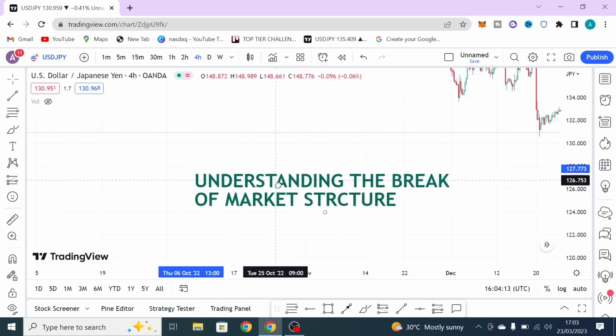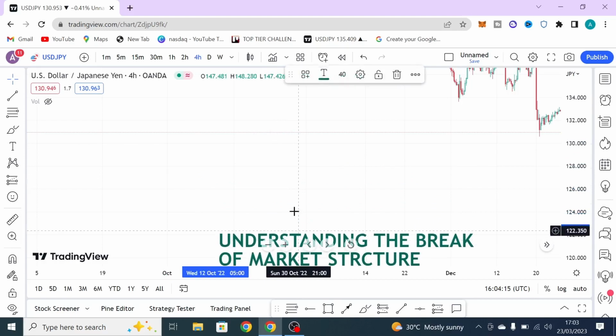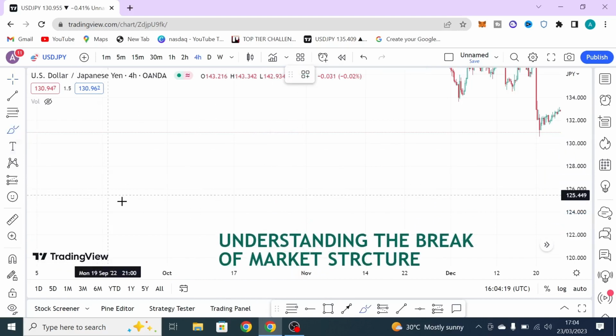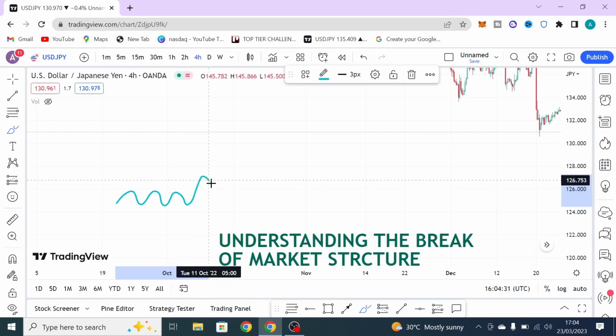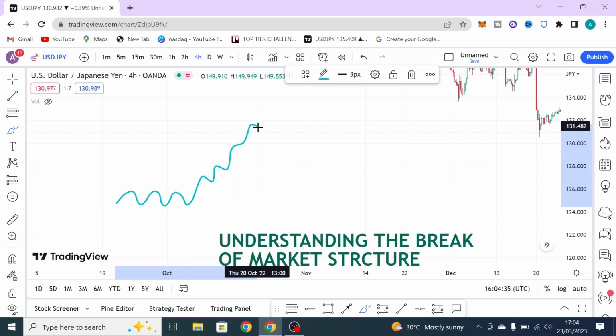Because normally, there are four stages that the market moves through. Let me just show you an example here. If you look at the chart, there is no new thing that the market is doing. It's either doing something like this. After this stage, you start seeing something like this. When the market breaks out, it starts heading higher.